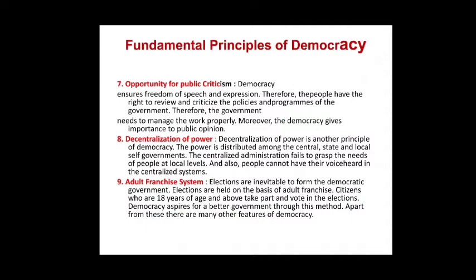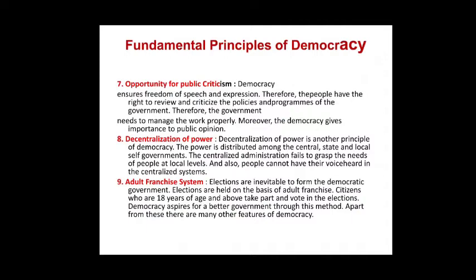A centralized administration fails to grasp the needs of people at the local level. In Grama Panchayat and Jilla Panchayat level also there can be administration. And people cannot have their voice heard in a centralized system.